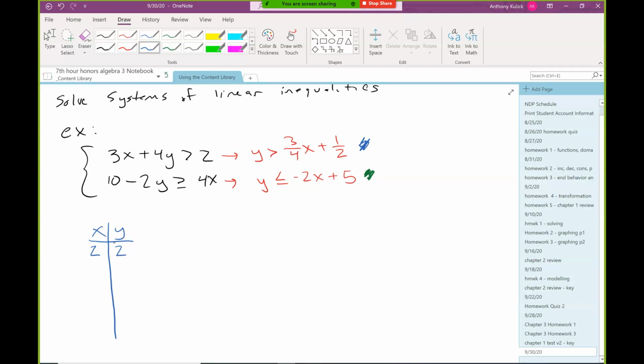And then similarly, when x is, let's see here, 6, that'll give me 18/4, which is the same thing as 9/2.